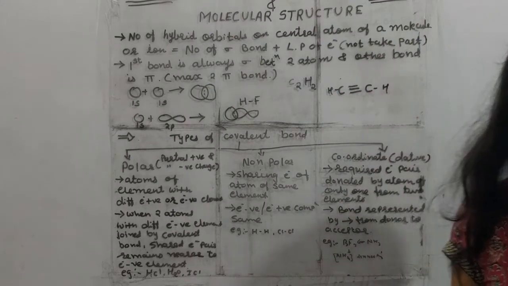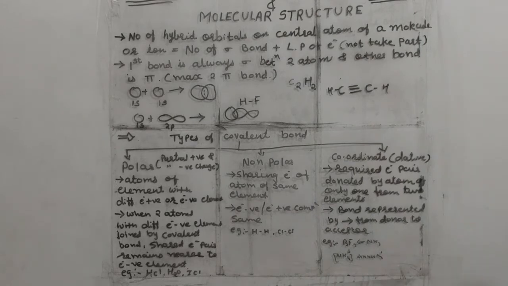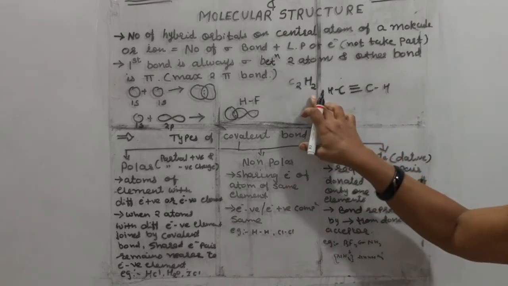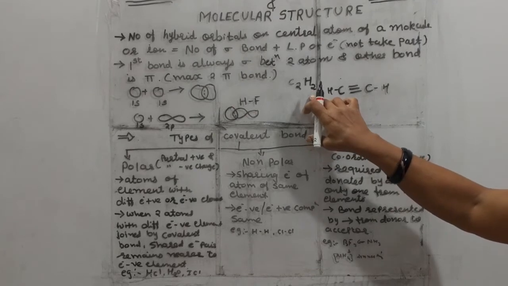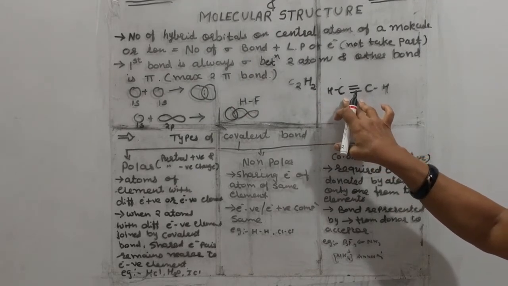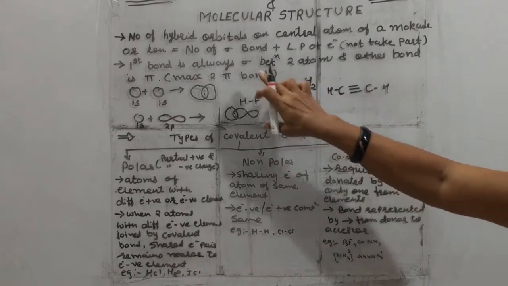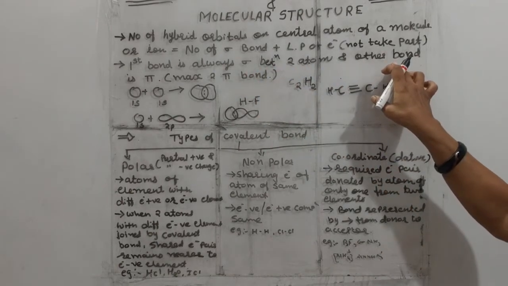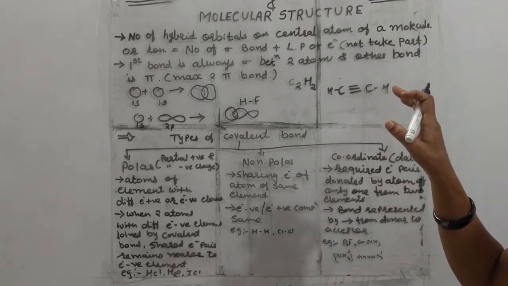This is the formation, and with two carbons we can say it is an alkyne, ethyne. We'll see what the sigma bond is and what the lone pair of electrons is.